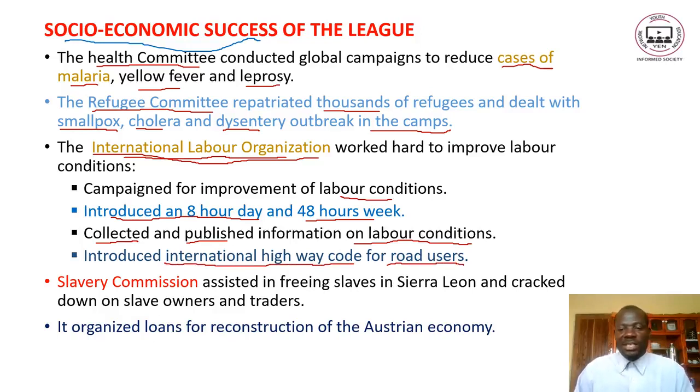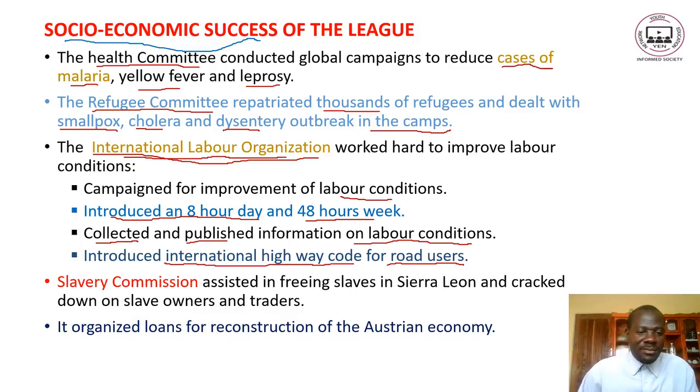So you can just imagine if there were no international rules on how to use the road, there could be confusion, a complete confusion there. So it introduced the highway code. Today, the drivers learn how to use the road. So today, road users are able to drive anywhere, because they know that the highway code applies everywhere.